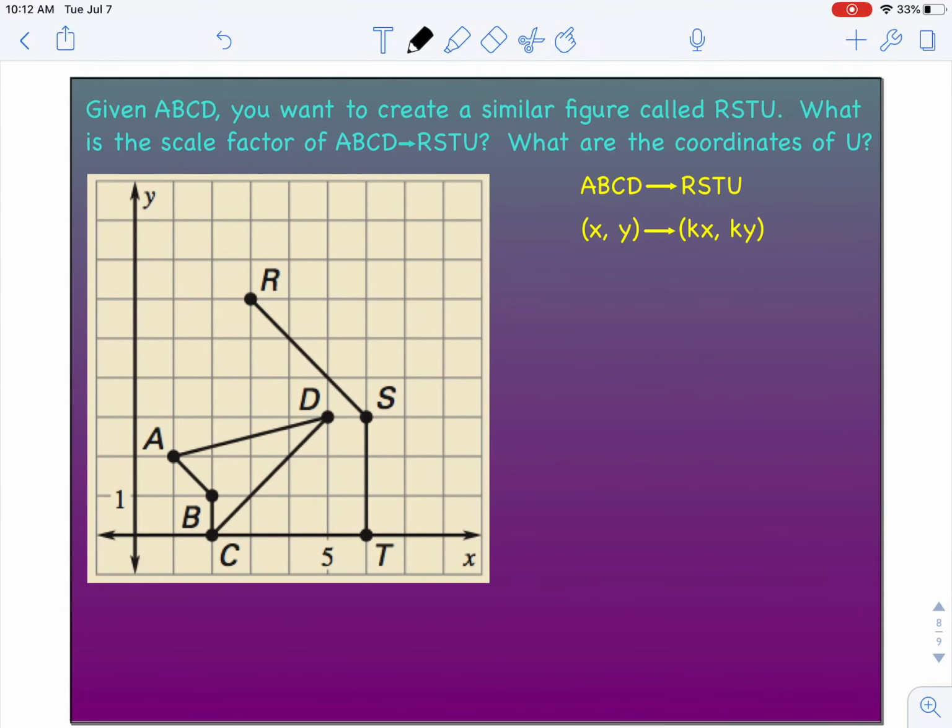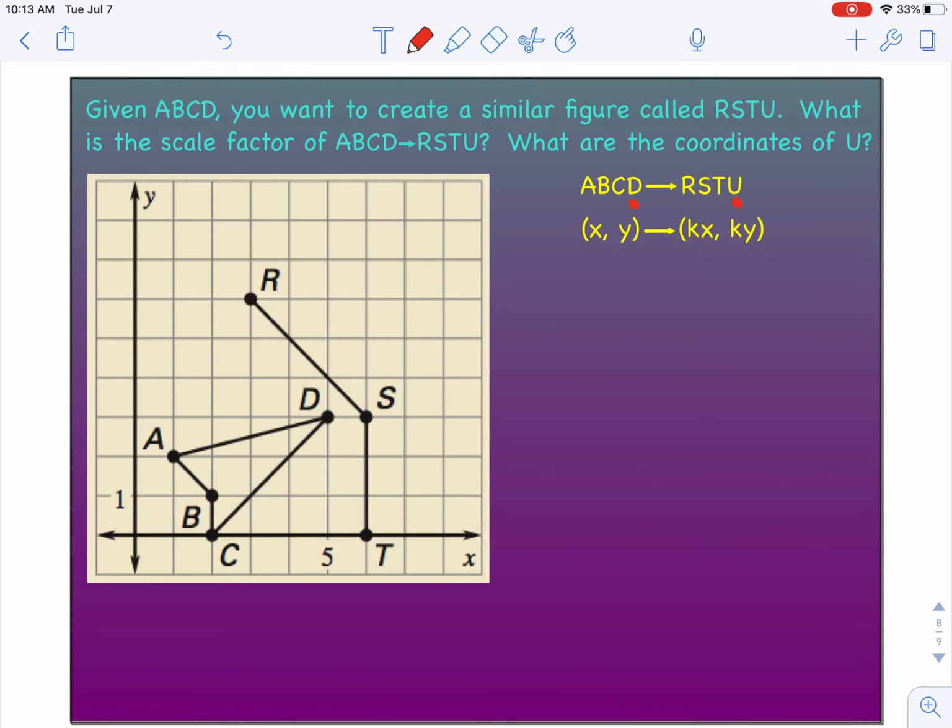So now let's look at this in a little bit different way. This says, given ABCD, you want to create a similar figure called RSTU. What is the scale factor of ABCD to RSTU, and what are the coordinates of U? So eventually, you are going to try to find U, and you're going to use D to do that.